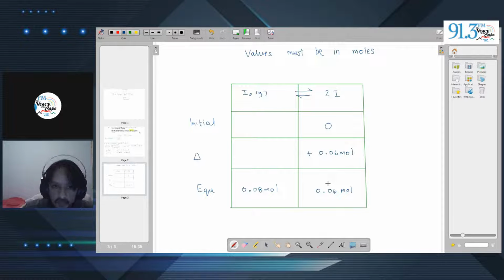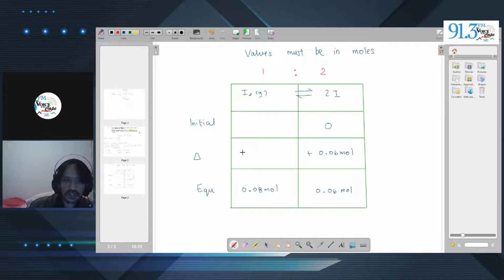Now, I'll show you a little trick. Normally, I know in the textbooks they show you to use algebraic manipulation to solve this, but there's a simple tool that you can use, and that's called molar ratios. If we look here, the ratio is 1:2. And you use that ratio to figure out what the change is over here. Well, if the change here for the ratio of 2 is 0.06, then the change here has to be half of this, because it's 1:2, right?